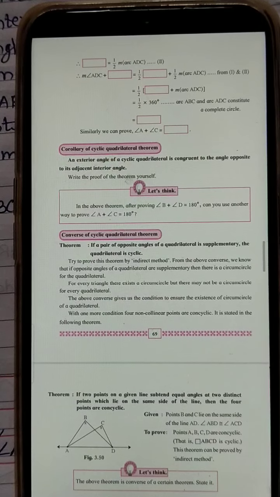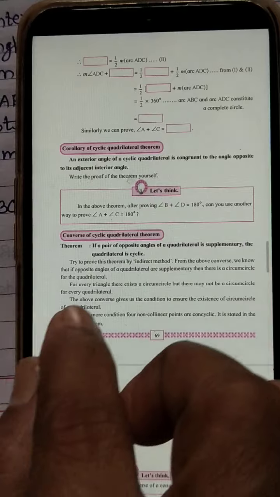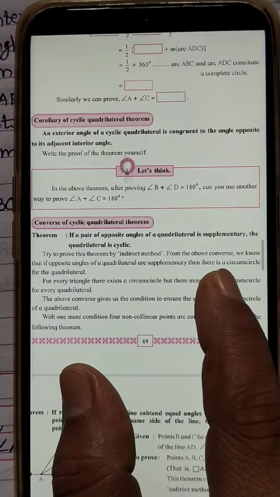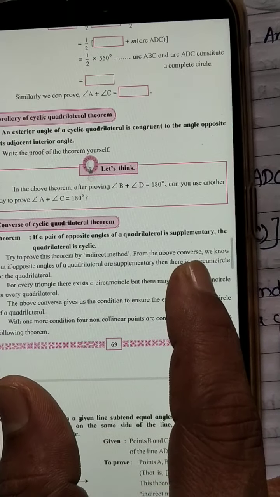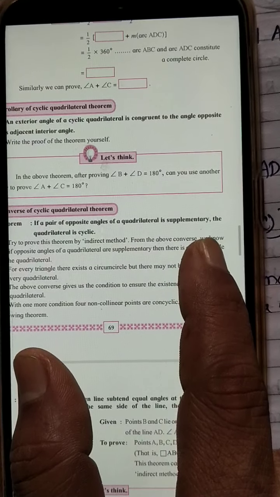Now here, the converse of the cyclic quadrilateral theorem. Let us see the theorem. If a pair of opposite angles of a quadrilateral is supplementary, the quadrilateral is cyclic. What is the theorem?